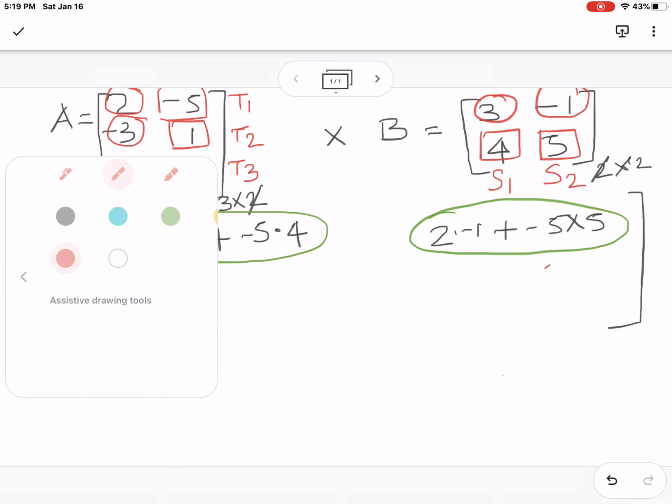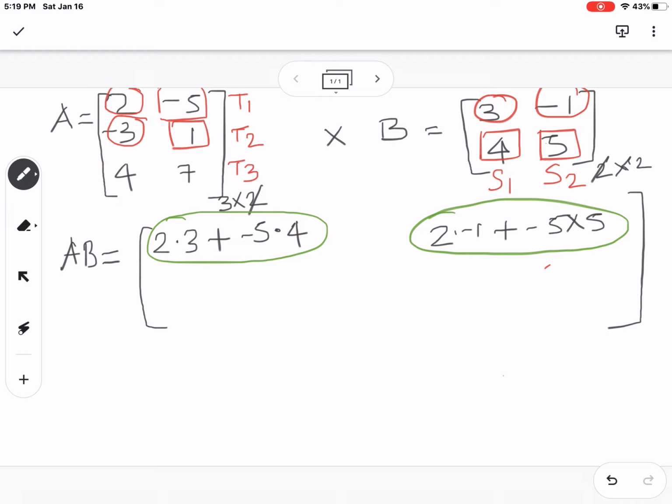Let's mark the circle and the square. So you have minus 3 into 3 plus 1 into 4. Now this train 2 also goes to station 2, which will be into minus 1 plus 1 into 5.